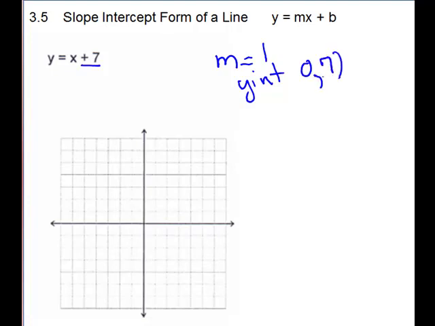So 0, 7. So we can plot our point. Don't go over, but go up 7. 1, 2, 3, 4, 5, 6, 7. Right. Our slope is 1, so we will make it 1 over 1, so it's a fraction. And I have to go up 1 and over 1.